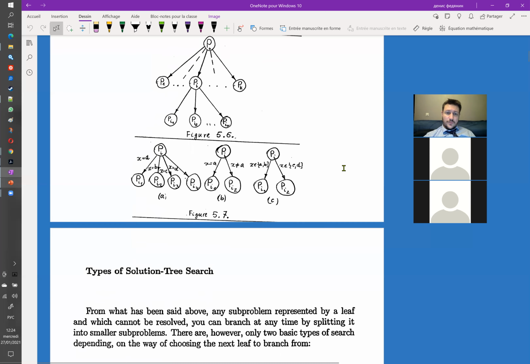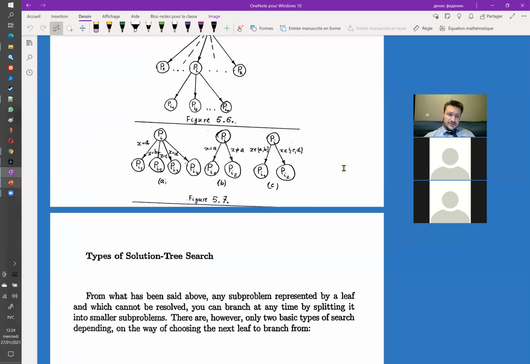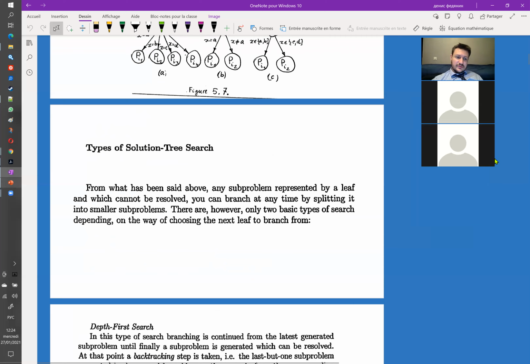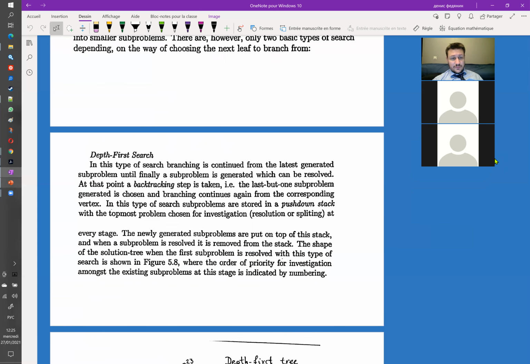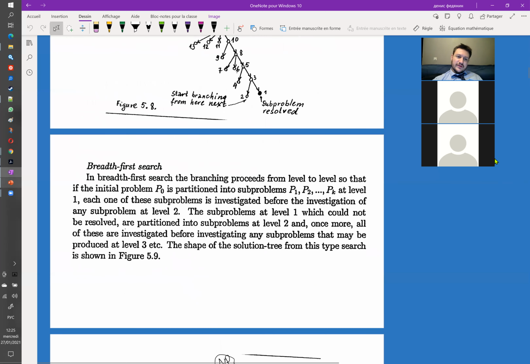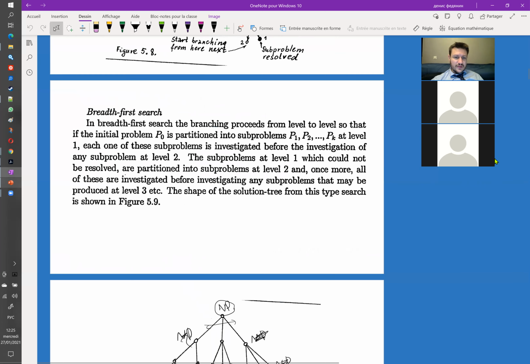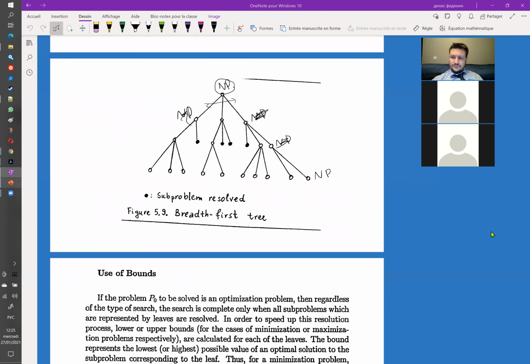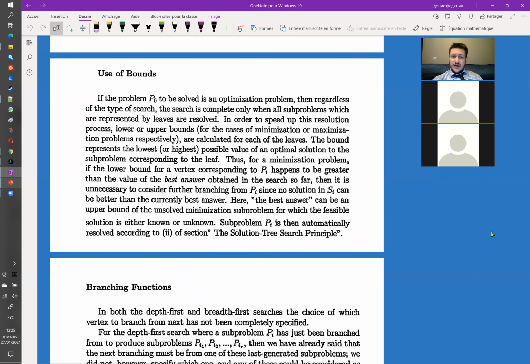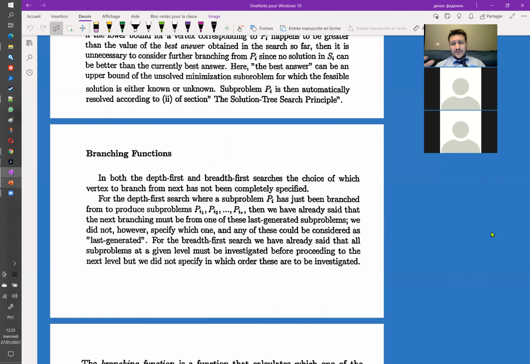Okay, so partition, we have to choose which strategy we should use. Should we use depth first or breadth first, variants here, and bounds I have discussed, and the branching function.